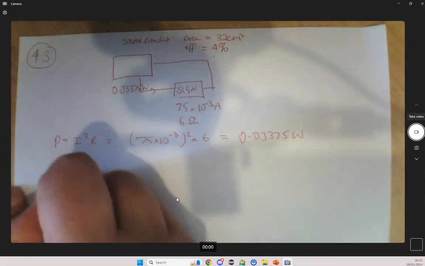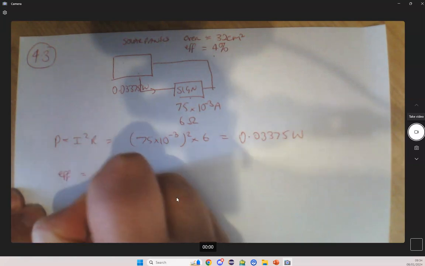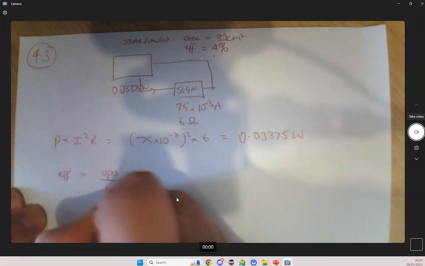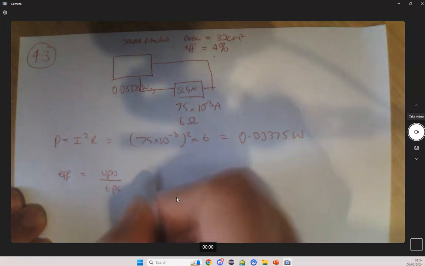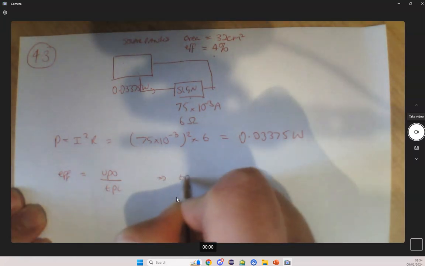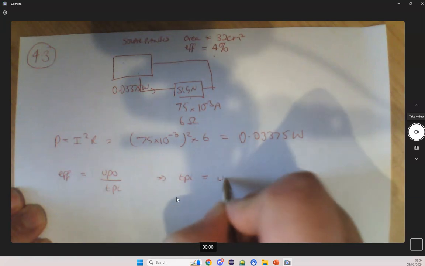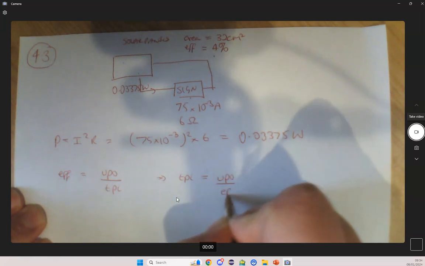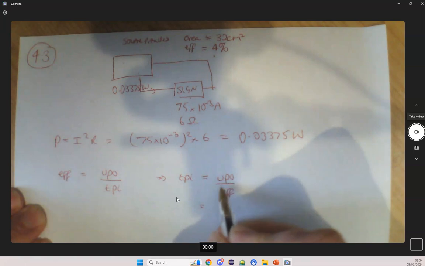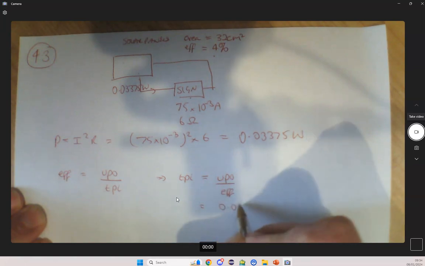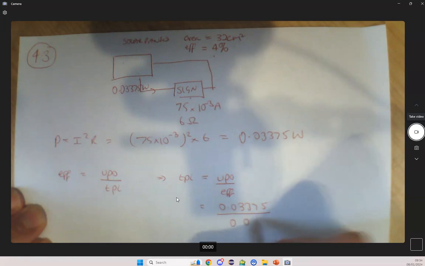So, what I know then is my efficiency is useful power out divided by total power in. That means my total power in has got to be equal to my useful power out divided by my efficiency, which my useful power out I need is 0.03375. My efficiency is 4%.